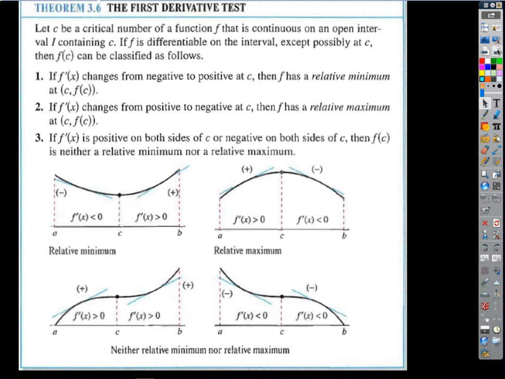So let's look at what it means to be a peak then. A peak has to occur at a critical number. If it's a peak, what's going to be happening to the slope of the function at that critical number? I'll give you a hint. It's going to be a point of transition. It could be that the derivative is 0, or the derivative could be undefined.